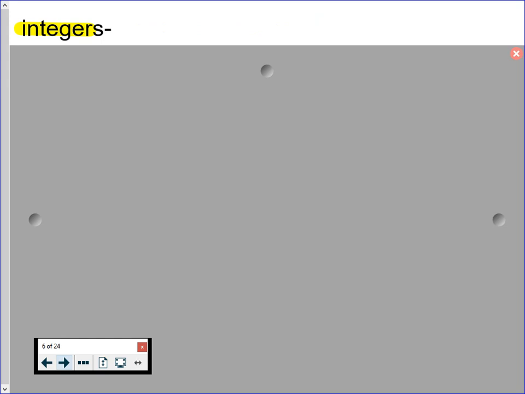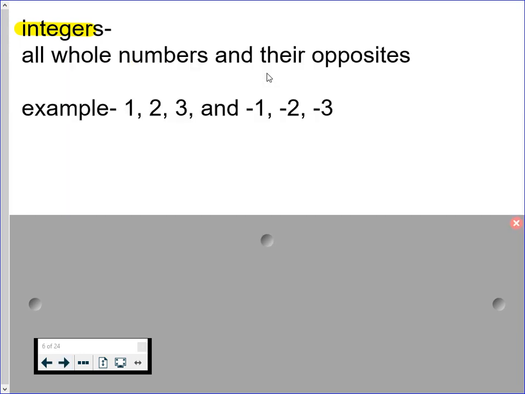Second word of the day, integers. This is exactly where 6th grade left off. Integers, whole numbers and their opposites. Whole numbers, no decimal, no fraction.